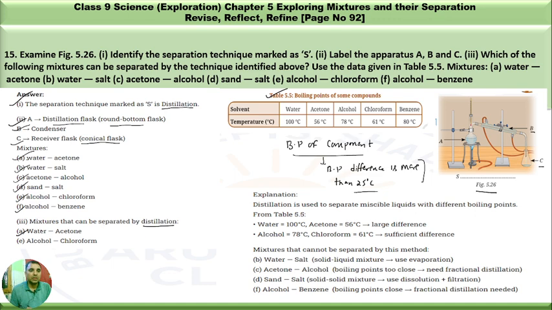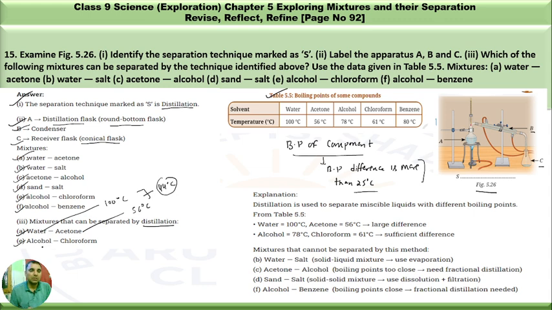We can see that the boiling point of water is 100 degrees Celsius and the boiling point of acetone is 56 degrees Celsius. The difference is quite a bit more than 25 degrees Celsius. The difference will be 44 degrees Celsius. So this method, distillation, is applicable.